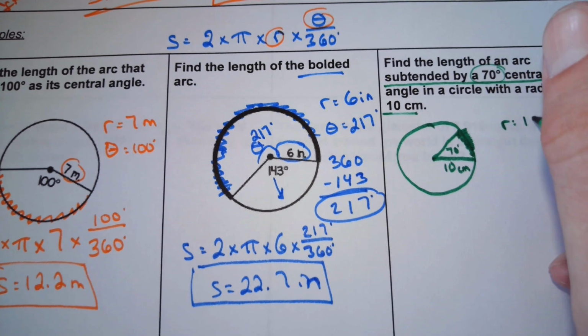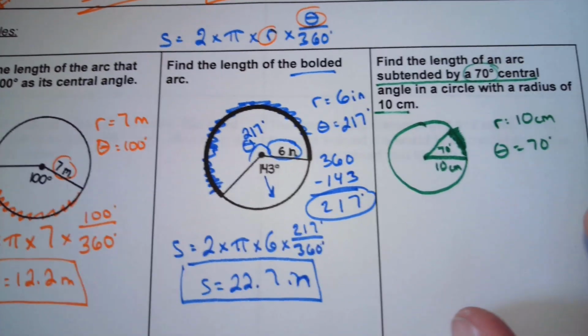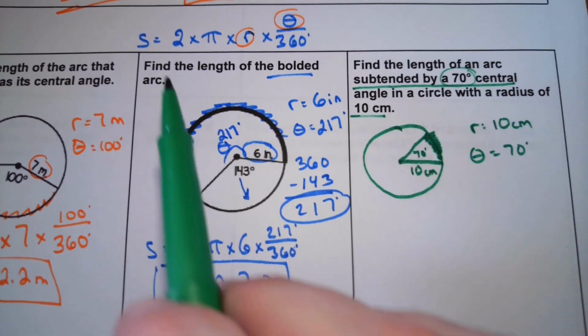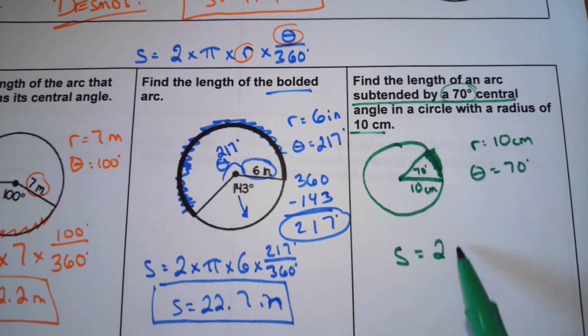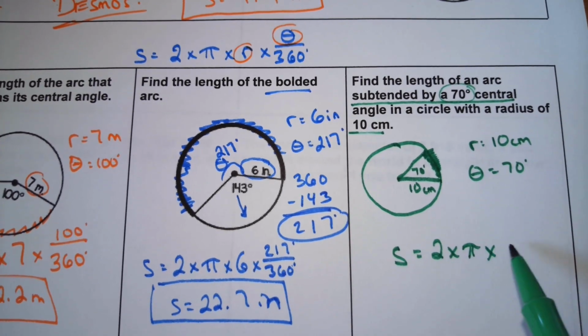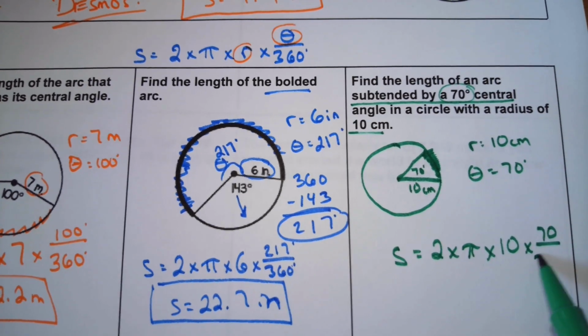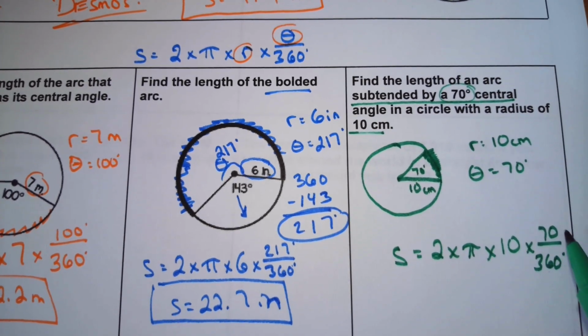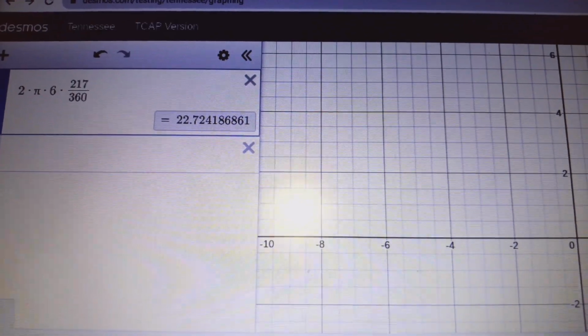So my radius is 10. My theta is 70. And this one's going to be a lot quicker than the second one. So just substitute in. So S is equal to 2 times pi times 10 times 70 over 360. So once again, I don't need to erase the whole thing.